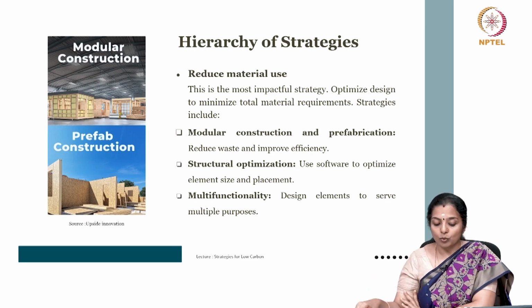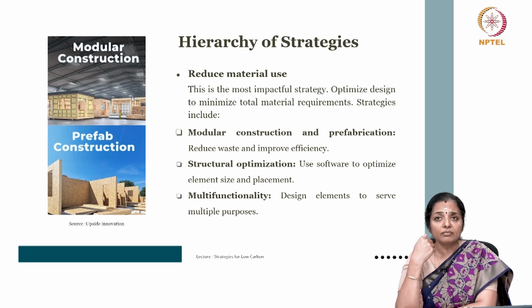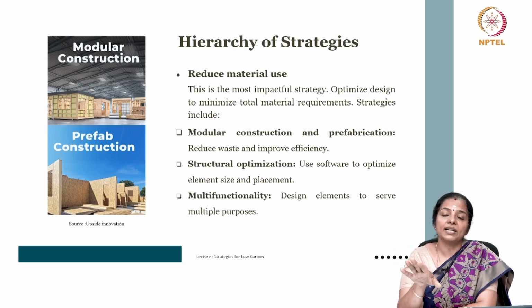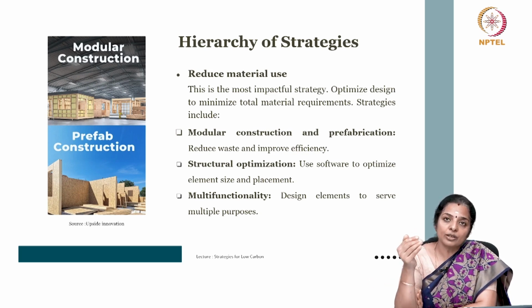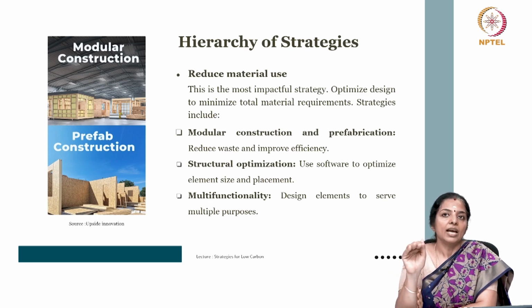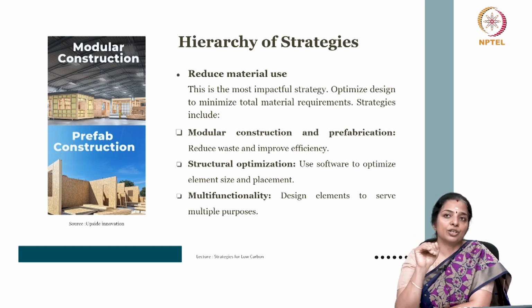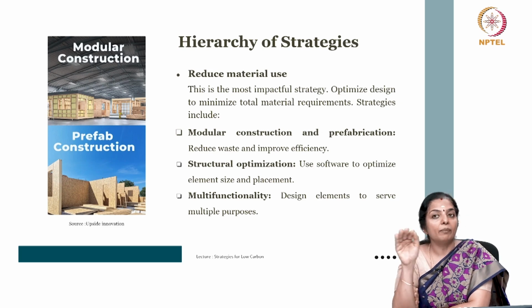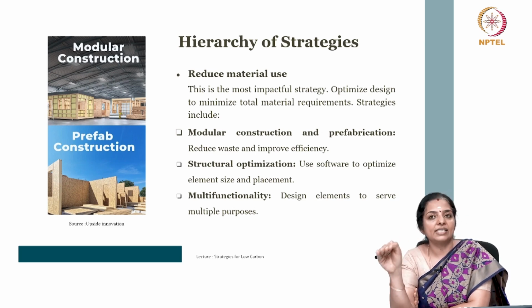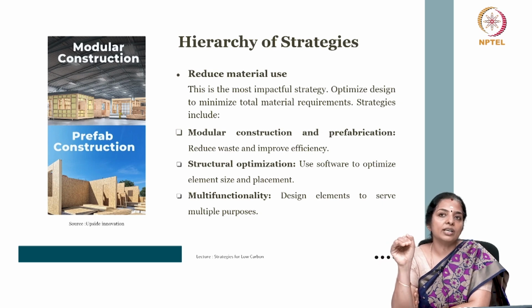So, what you do is pre-cast or pre-construct components in a particular place, and if you do it en masse, then the savings due to multiple transportation of materials and even construction processes get reduced. Therefore, off-site production of parts and bringing them on site for erection is an important strategy.